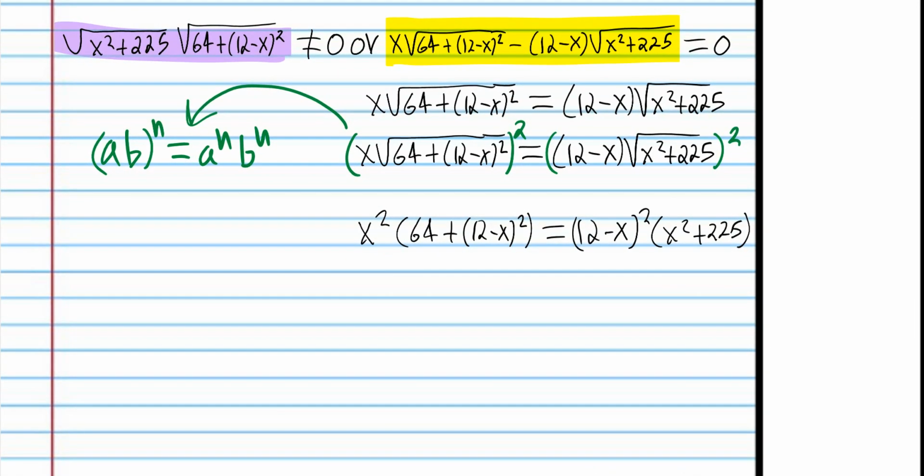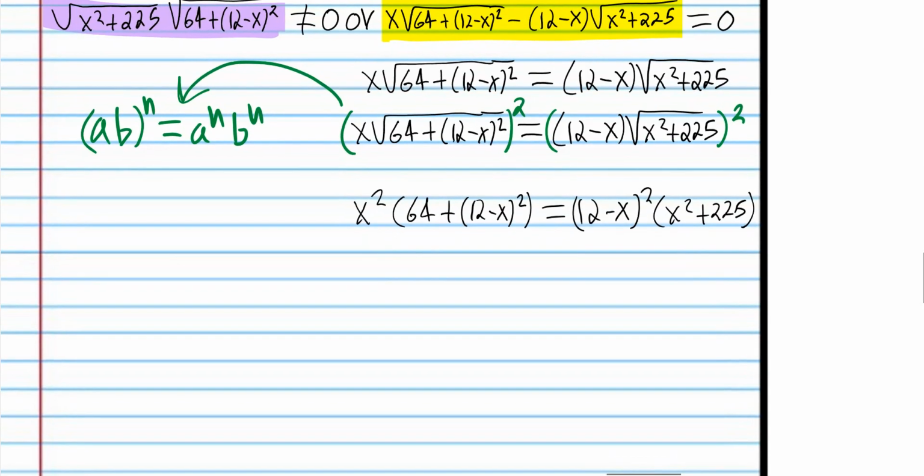Okay, so at this point, we're going to distribute the x squared to 64 and the 12 minus x squared. So we have 64x squared plus 12 minus x squared times x squared.